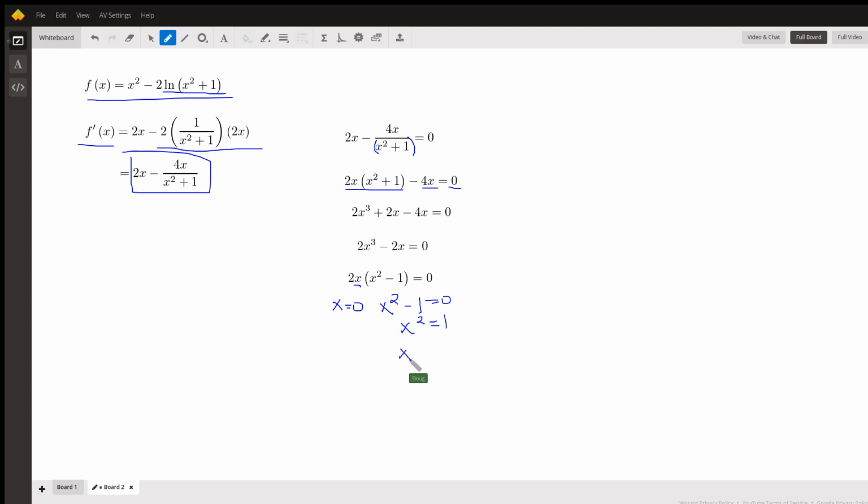By the square root property, x equals plus or minus the square root of 1. Of course, you could have solved this by factoring also, factoring into x minus 1, x plus 1, difference of squares, leading to the same result.